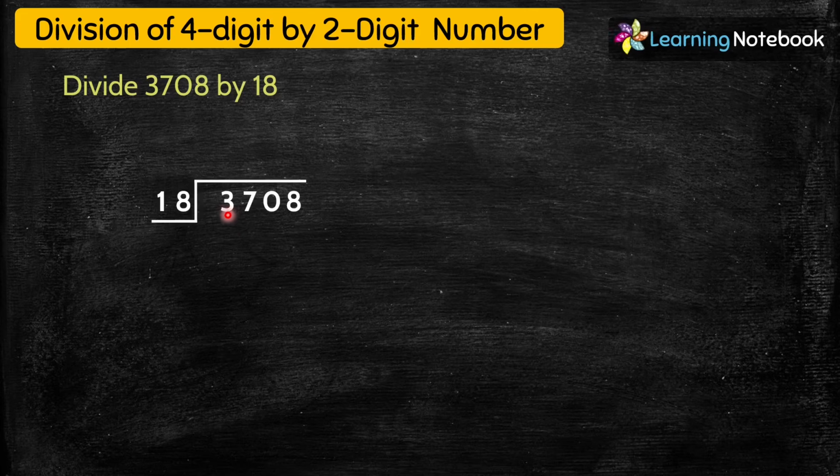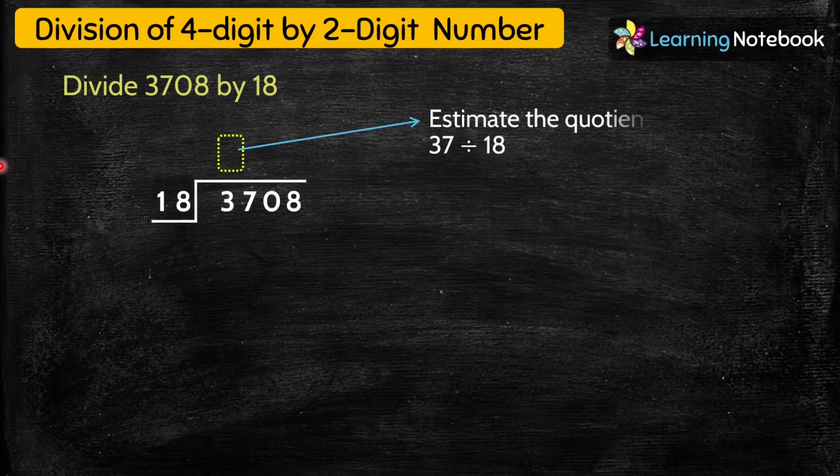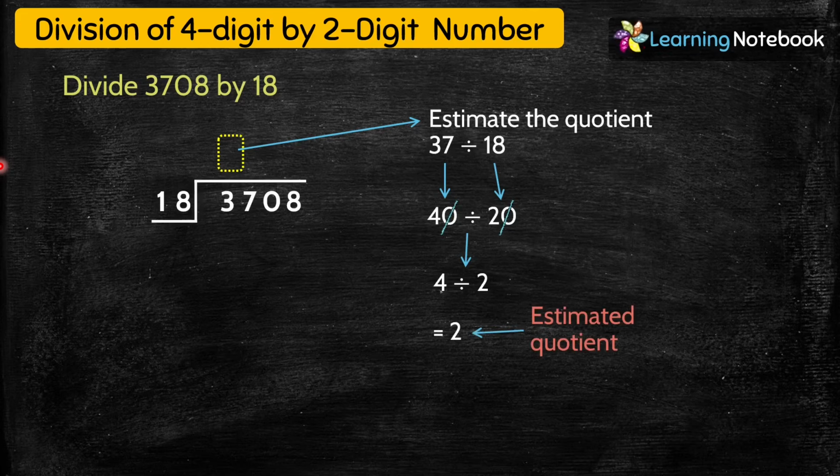So let's first estimate the quotient here. Let's round off both the numbers. 37 rounds off to 40 and 18 rounds off to 20. Cancel 0 by 0. So we have to divide 4 by 2, which equals 2.